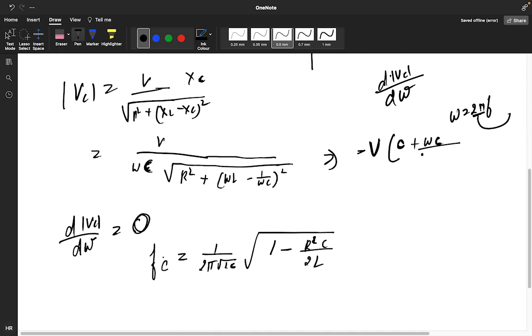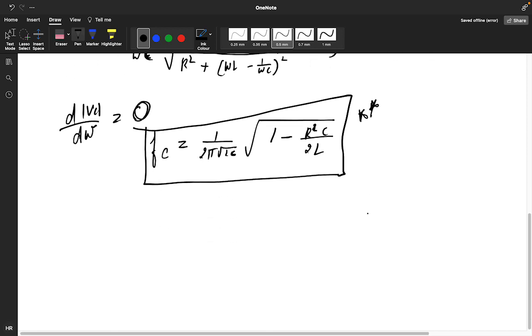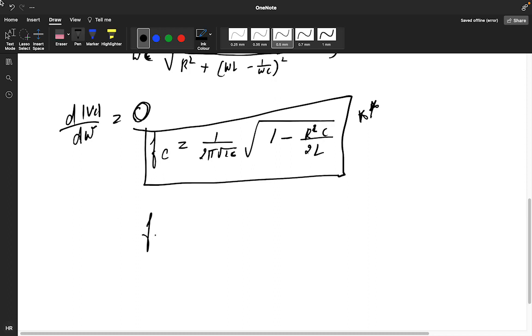After differentiation and all, this will be a very long calculation. So you will get fc value is 1 by 2 pi root under LC, root under 1 minus R square C divided by 2L. So this is a very important result.